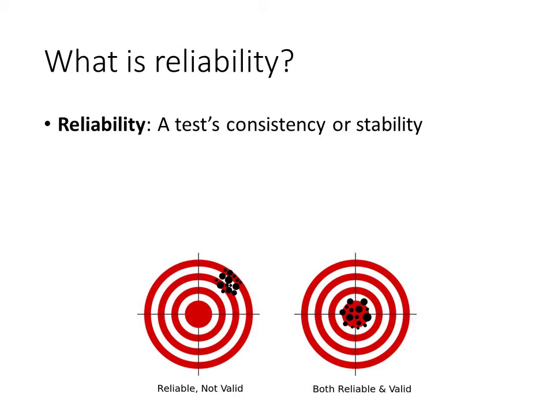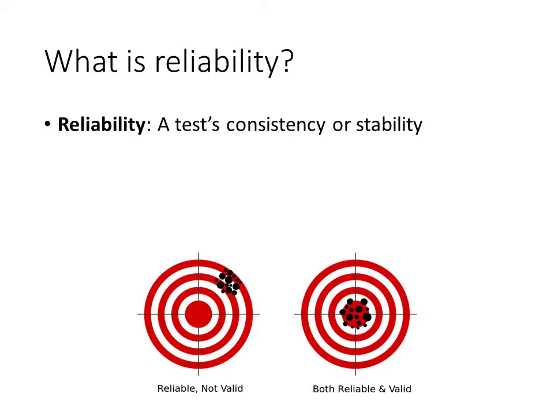In the field of IO psychology, we have measures of performance and of KSAOs, knowledge, skills, abilities, and other characteristics like personality and values. We use these tests to evaluate employees and to make predictions about how they will behave in the future. Some tests are better than others.